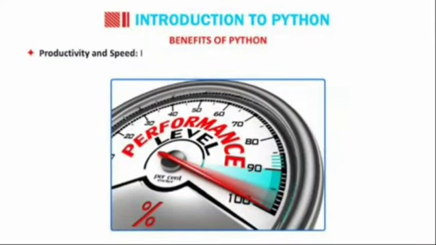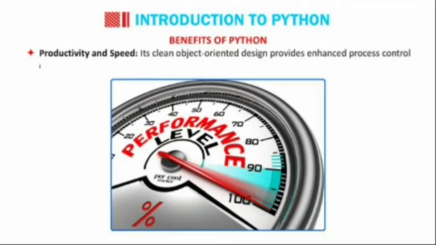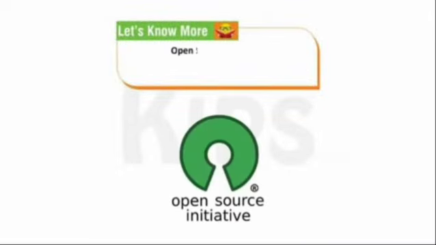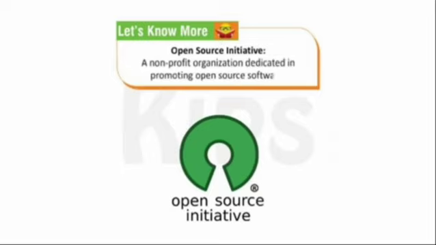Productivity and speed. Its clean object-oriented design provides enhanced process control capabilities, which contribute to the increase in its speed and productivity. Students, let's know more about Open Source Initiative, a non-profit organization dedicated to promoting open source software.